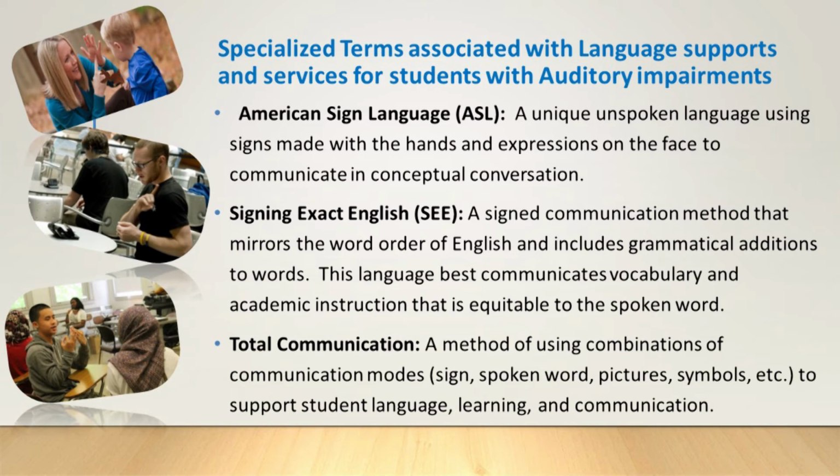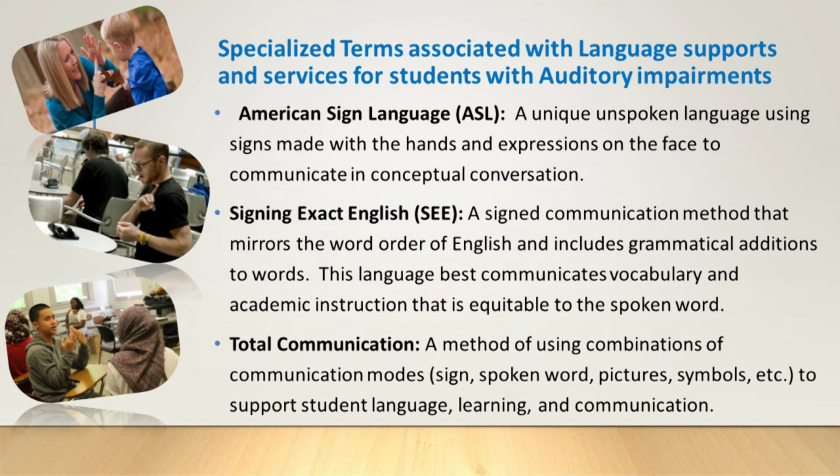American Sign Language, often known as ASL, is a unique unspoken language using signs made with the hands and expressions on the face to communicate in conceptual conversation. Signing Exact English, also known as SEE, differs as a signed communication method that mirrors the word order of English and includes grammatical additions to words.